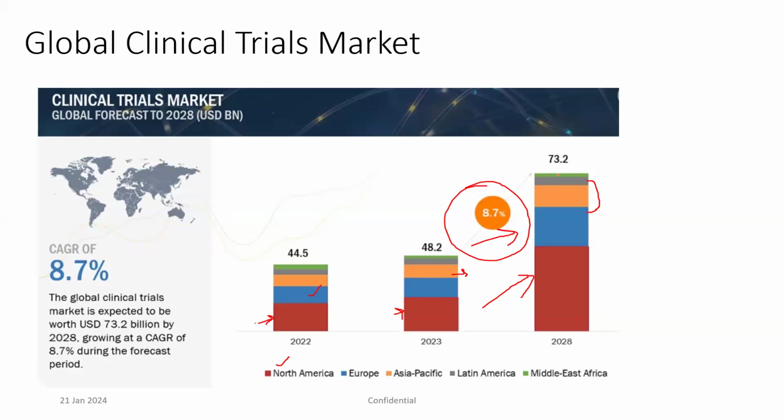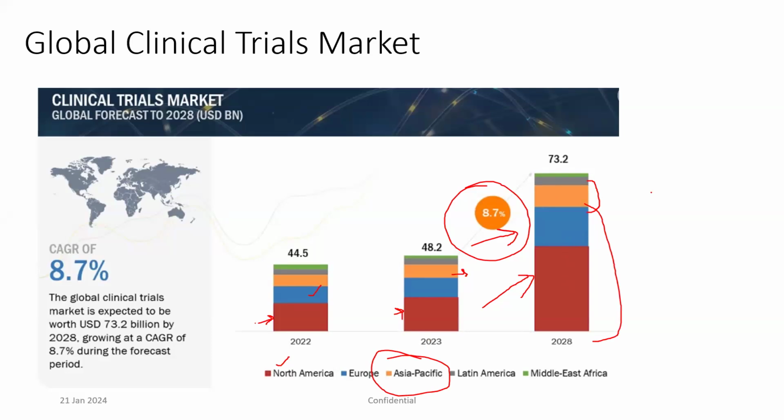Now you can ask me a question: we as a population are mostly here in the Asia Pacific region, but you are saying the majority of trials are happening in Europe and North America.